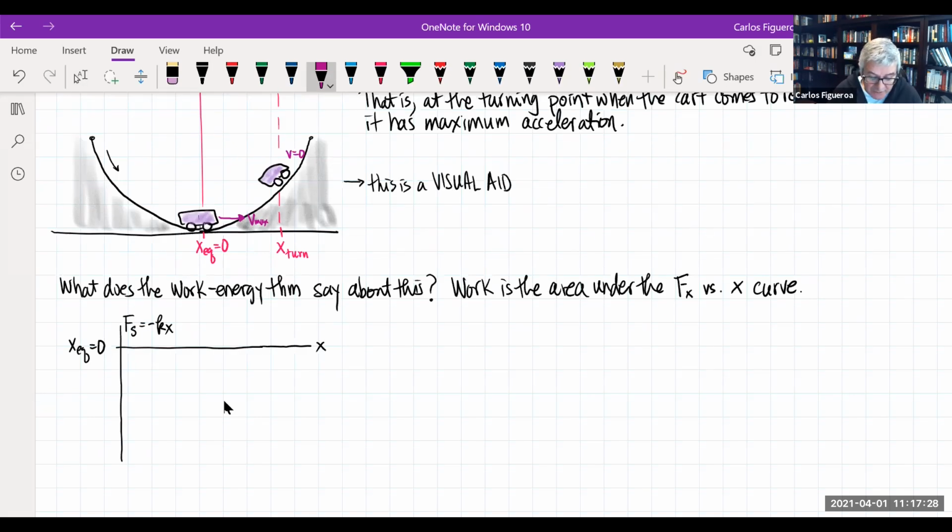The spring force is a linear force. It's minus kx, and I'm going to plot the horizontal distance x. That spring force is a negative force, so I have to draw that negative slope from the equilibrium point down here.